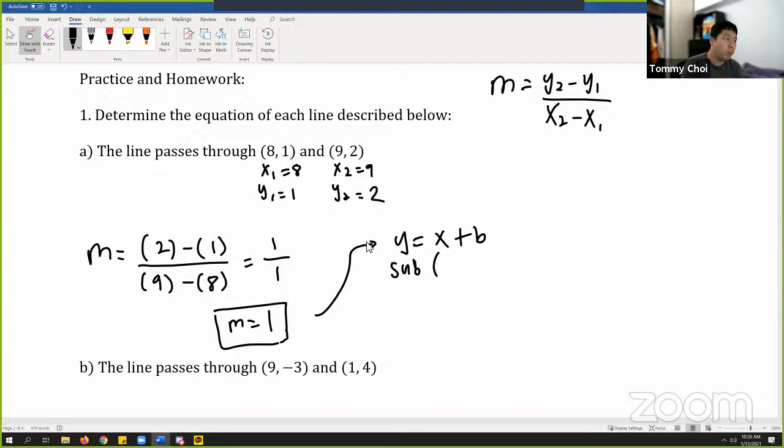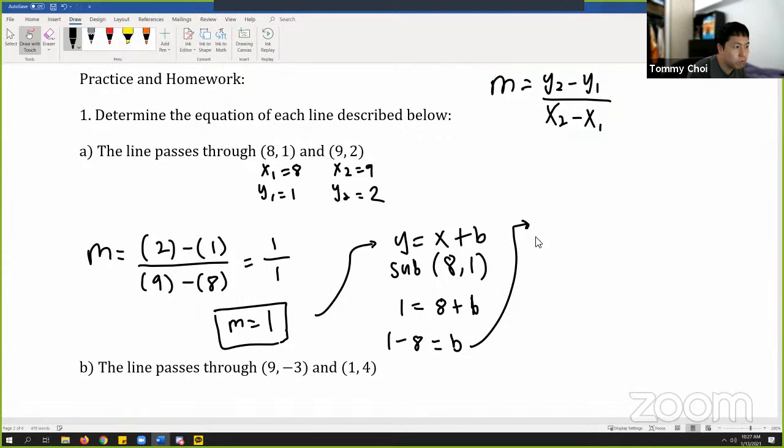Then I sub in one of the points. It doesn't matter which point you plug in. You could do 8, 1 or 9, 2. It doesn't matter. I'm going to do 8, 1. And that puts it at 1 is equal to 8 plus b. Moving the 8 to the other side, 1 minus 8 is equal to b.